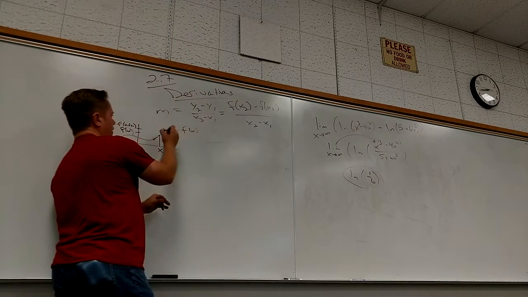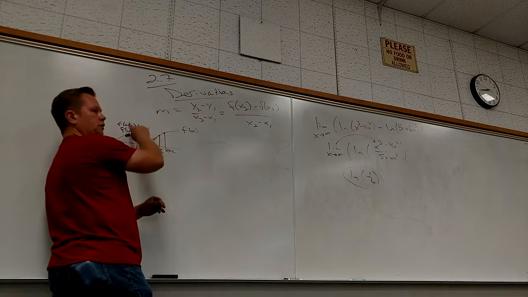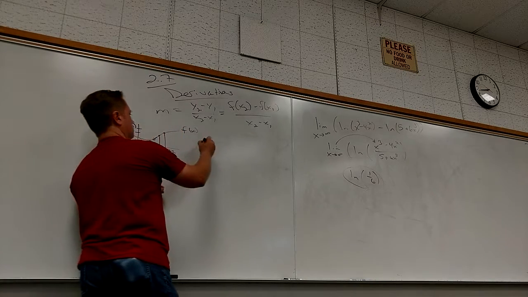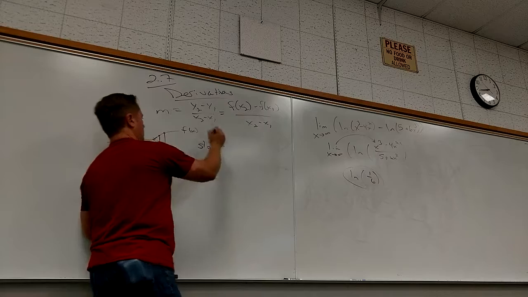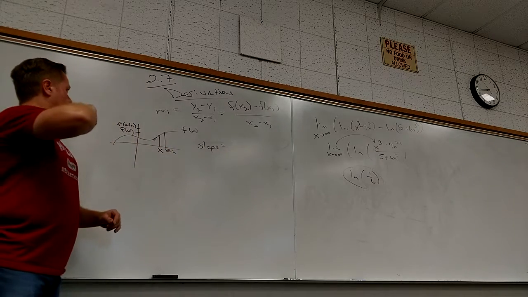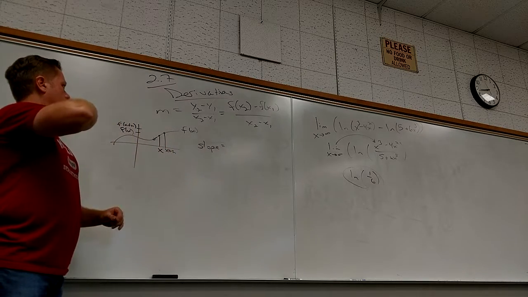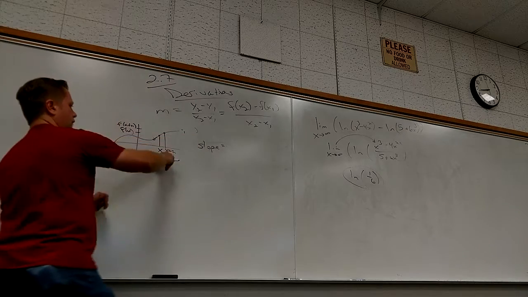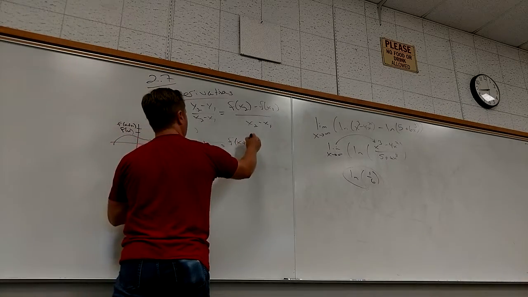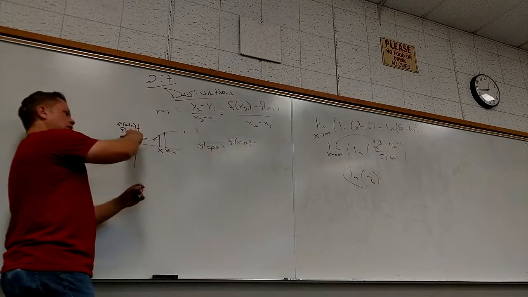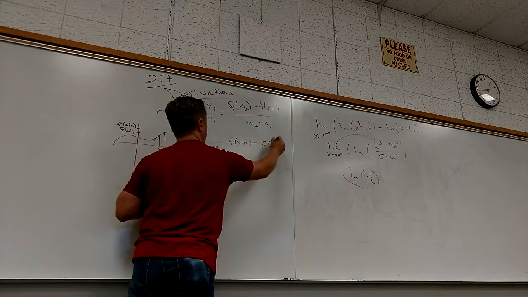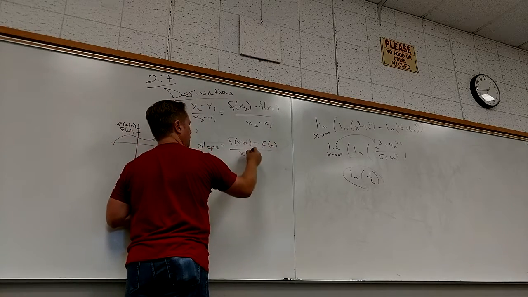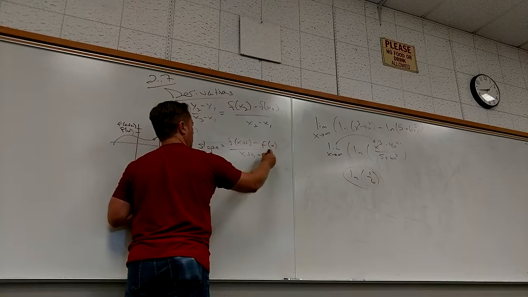So what would the slope be between these 2 points? F of x plus h, I like it. So that y minus the other y divided by x plus h minus x.